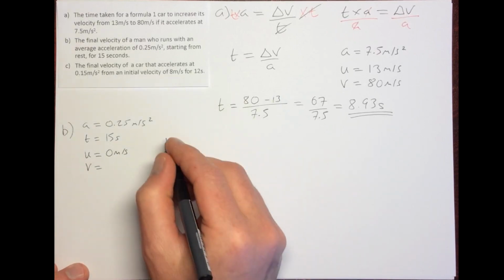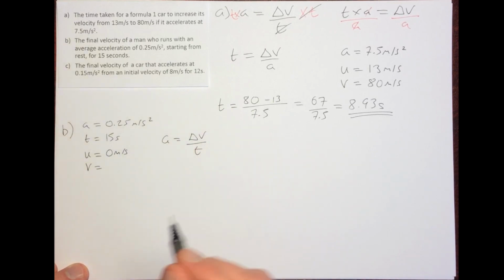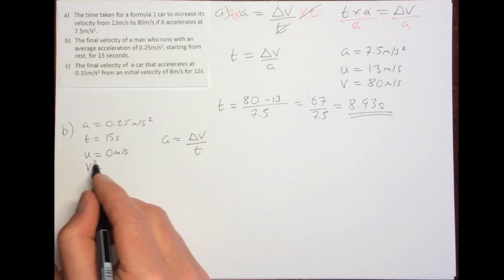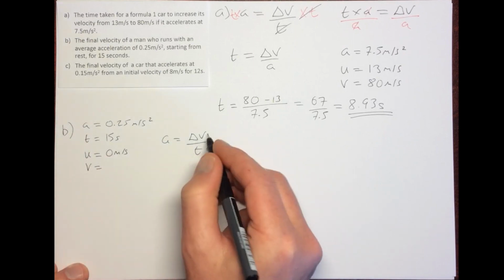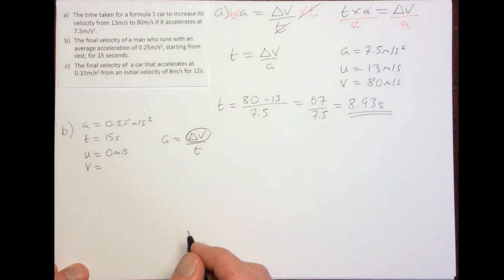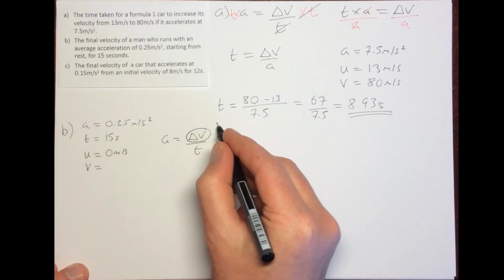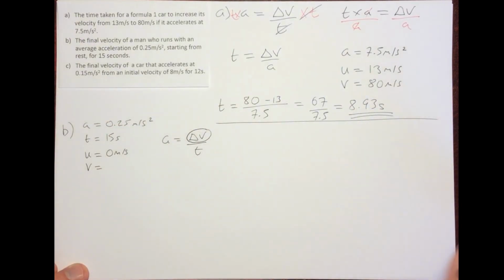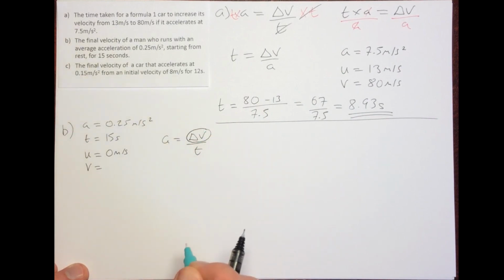Okay, so let's take the equation now. a equals delta v over t. Now this question might seem confusing because that's not in the equation, but to work out the final velocity we need to know the change in velocity. So to work that out we need to rearrange this equation to get it in the form of delta v.